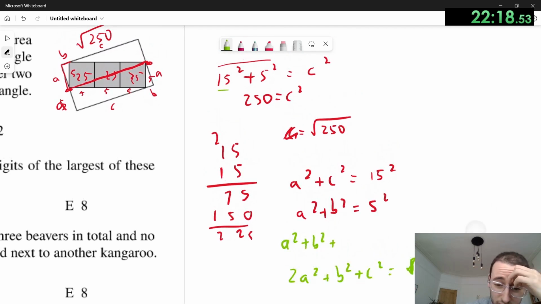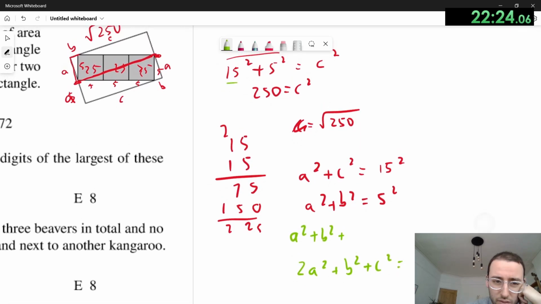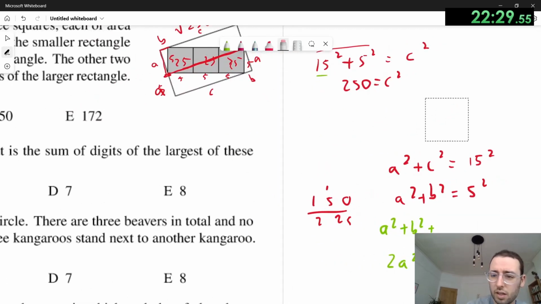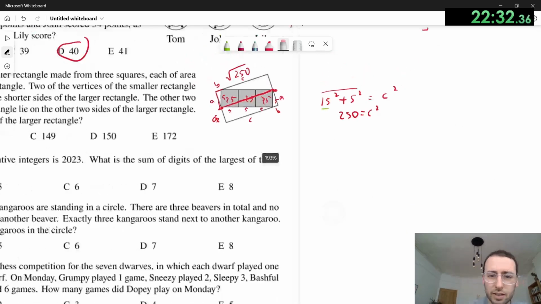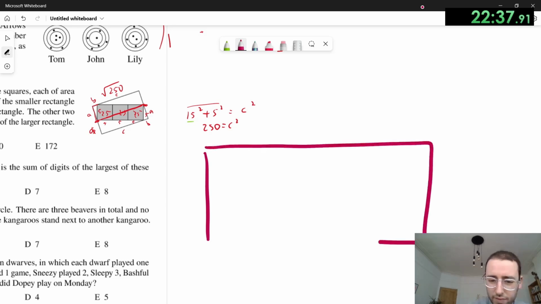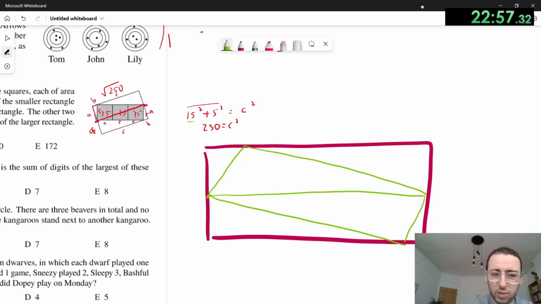What am I doing? Okay, I think this one is a start again sort of vibe. Oh, this looks cool. So why am I getting it wrong? Okay, so we know that this length, which is the hypotenuse, is root 250.